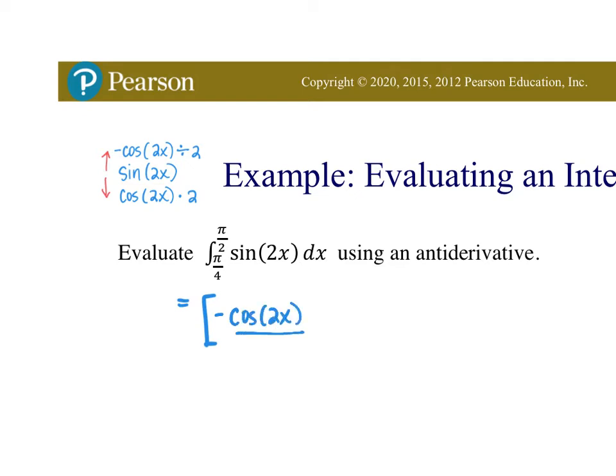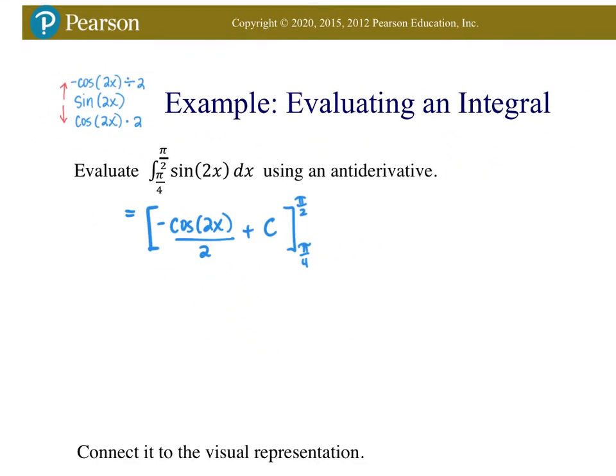So I'll write that as over 2 plus c, going from pi fourths on the bottom to pi halves on the top. And we're going to plug in, parentheses, the pi halves first.